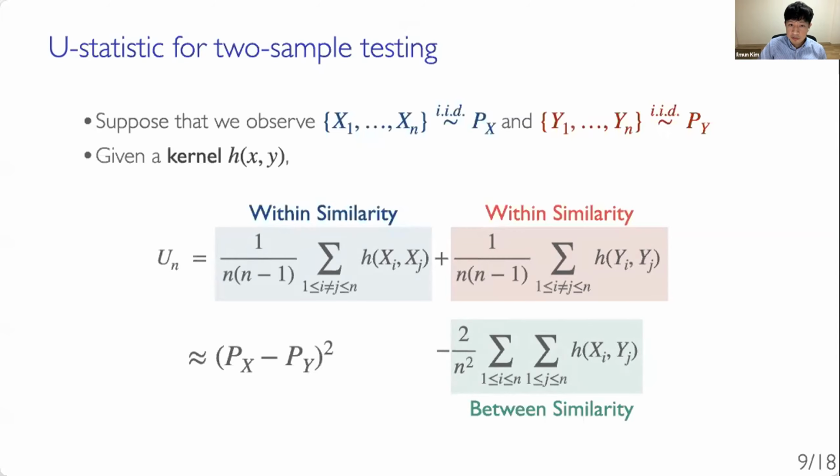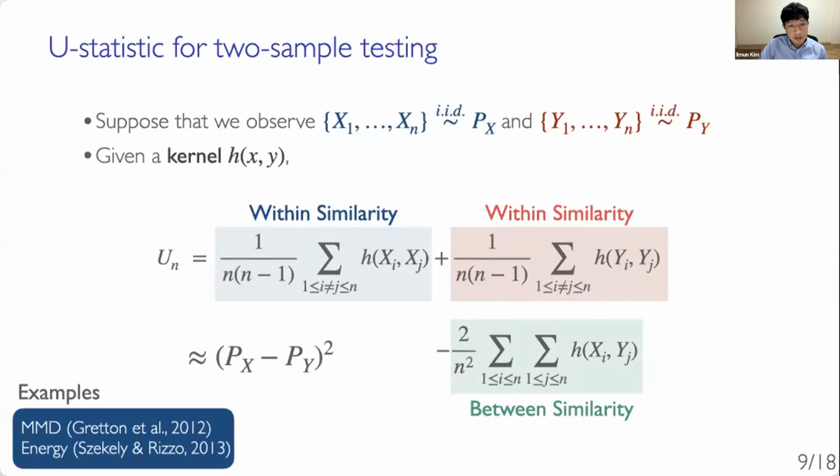Roughly speaking, the expectation is associated with a weighted L2 distance between P_X and P_Y. Depending on the choice of kernels, this statistic includes kernel MMD and energy statistic, which are commonly used statistics for two-sample testing.